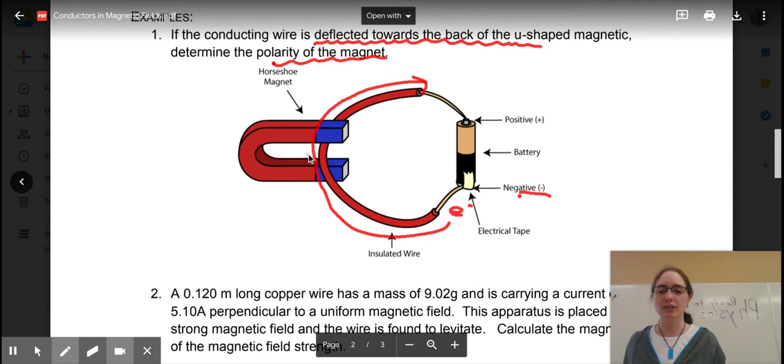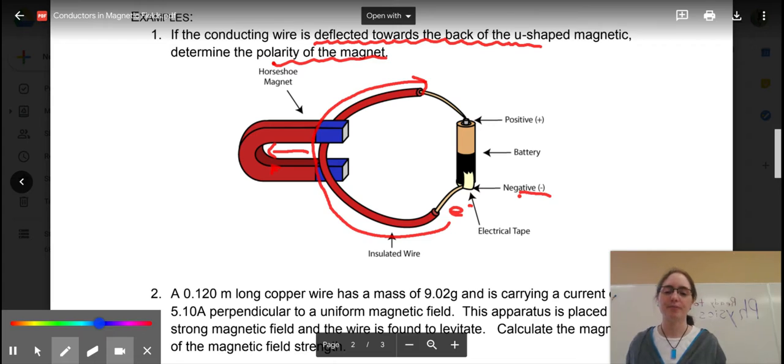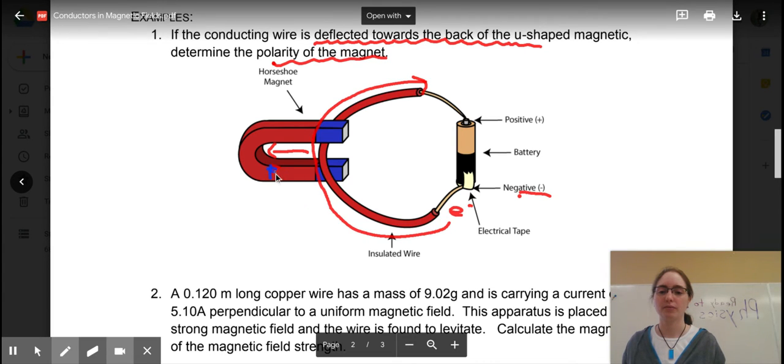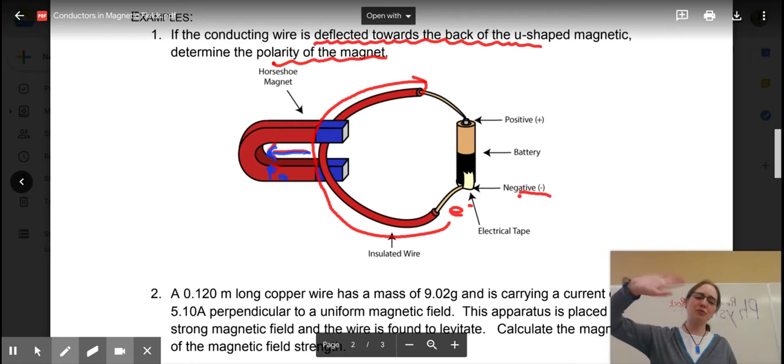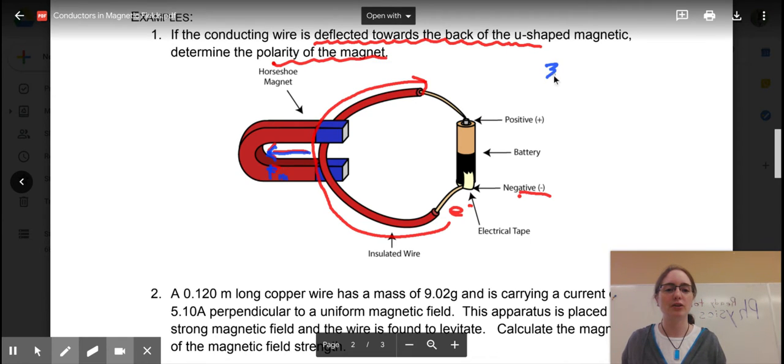Let's change colors so you guys can actually read that. There we go. This arrow here is going to be the force that we are experiencing. So, left-hand rule, ladies and gentlemen. Okay, third left-hand rule, so let's write that down.